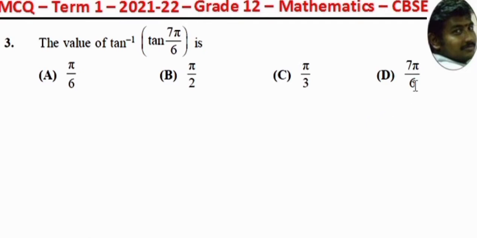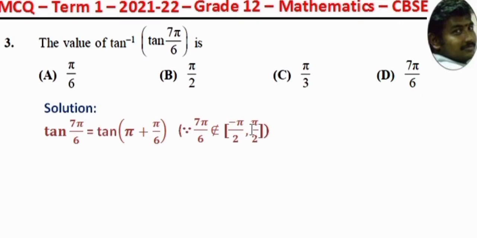Come on, let's see. So 7 pi by 6 can be written as pi plus pi by 6. Why should we write it this way? Because it does not belong to the interval minus pi by 2 to pi by 2. That's why we have to write it like this. We know the formula tan of pi plus theta equals tan theta.